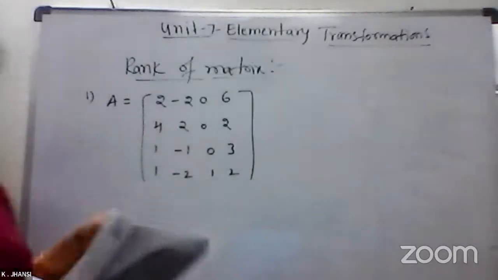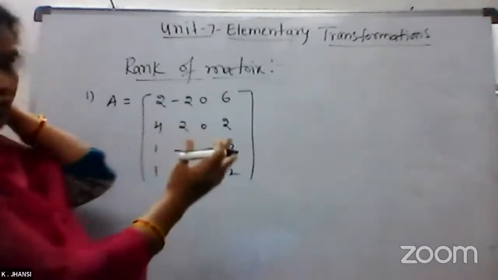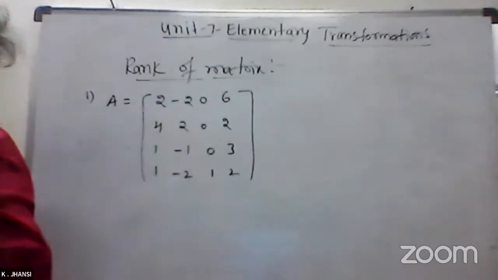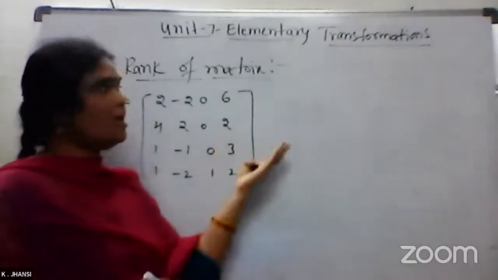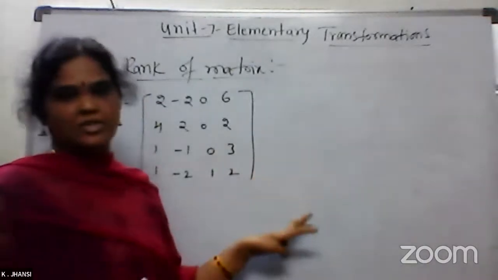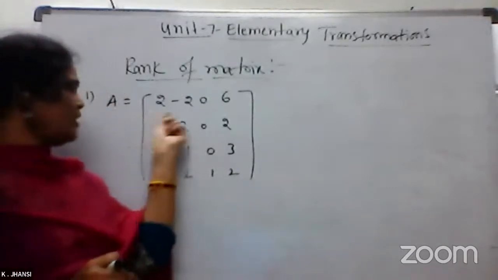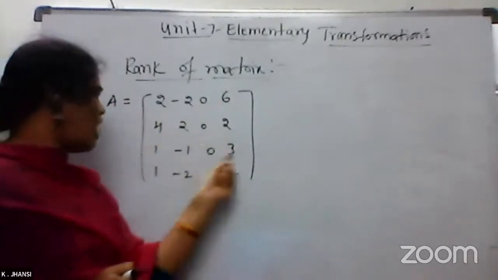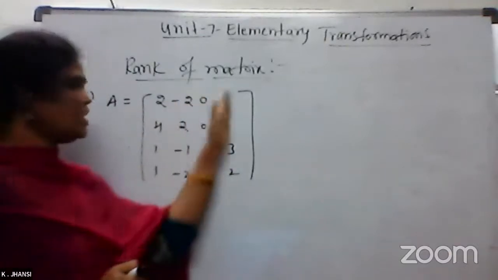When we apply the elementary transformations, also called row operations or E-operations, they are all the same. We will represent the rows as R1, R2, R3, R4, and the columns as C1, C2, C3, C4.